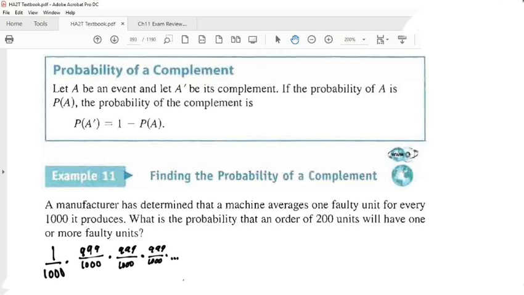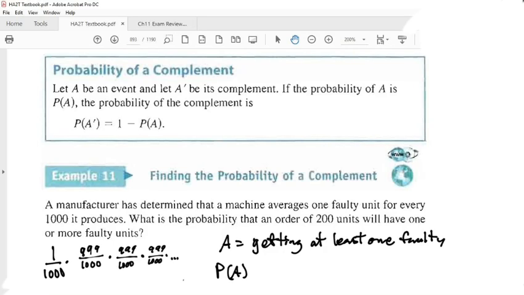Okay. So one trick that we can do in math is, instead of thinking about this event happening, I'm going to name this event A. The event is getting at least one faulty. Whoa. So that's what I want to know. I want to know the probability of getting at least one.